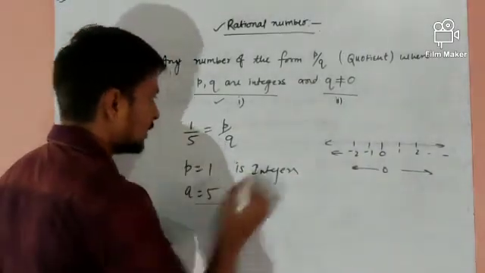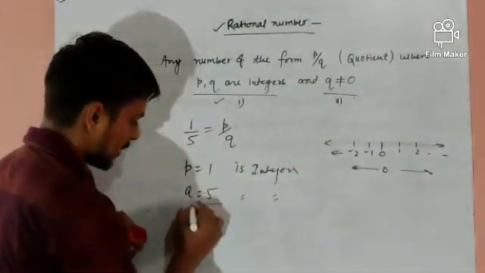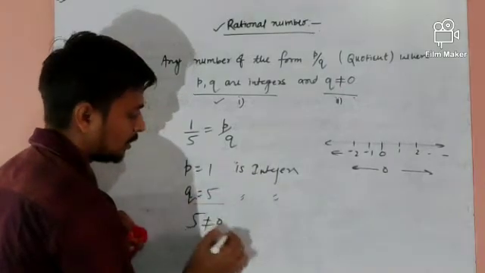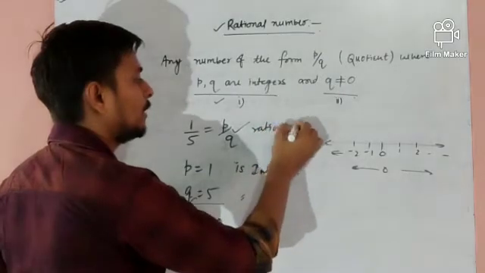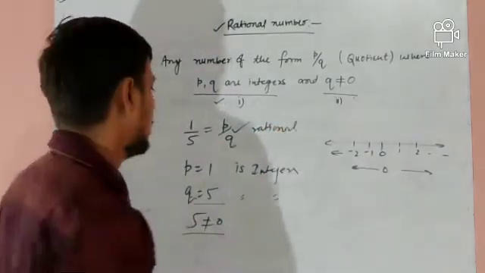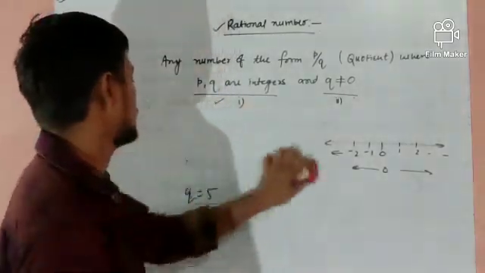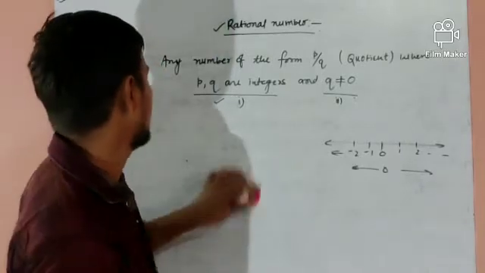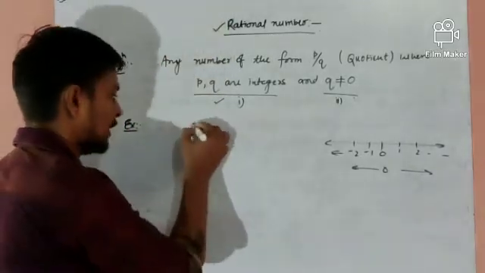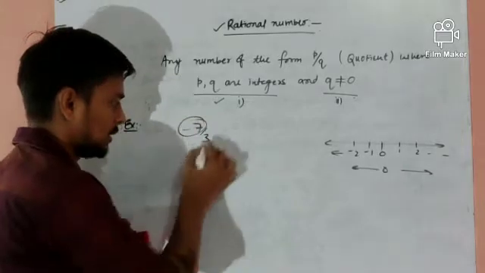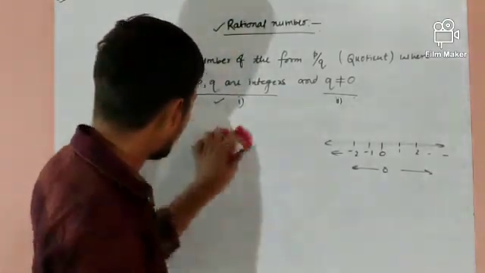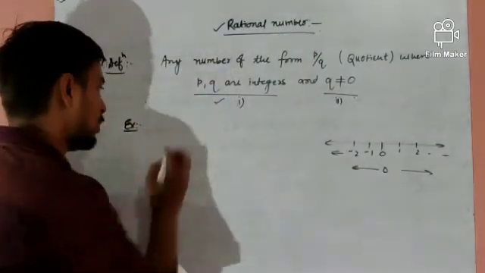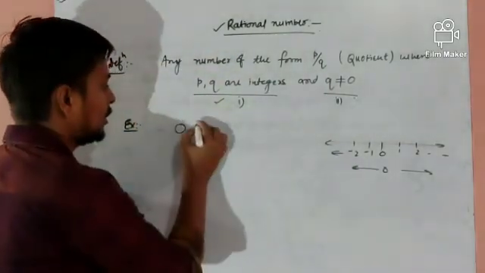And the last condition, 5 is not equal to 0, so it is also a rational number. Like this you can write many rational numbers, like minus 7 upon 3. Minus 7 is an integer, 3 is an integer, 3 is not equal to 0. This is a rational number.